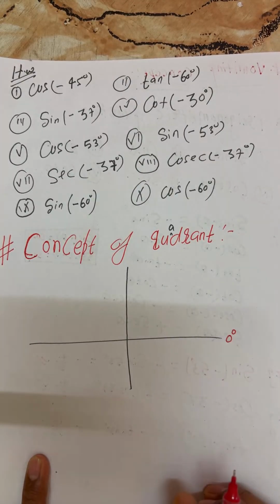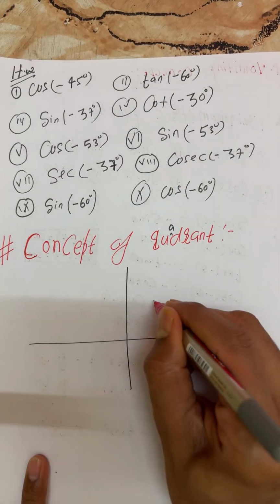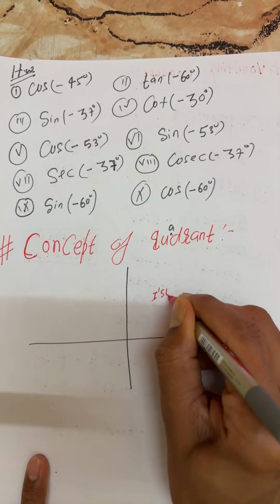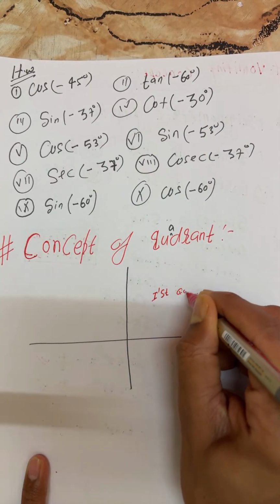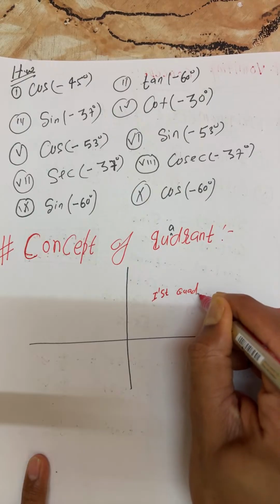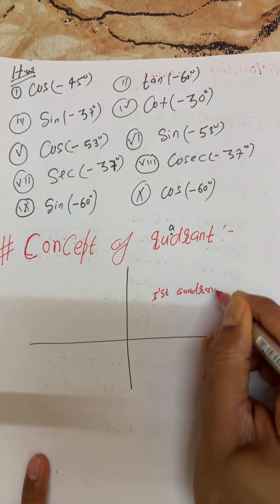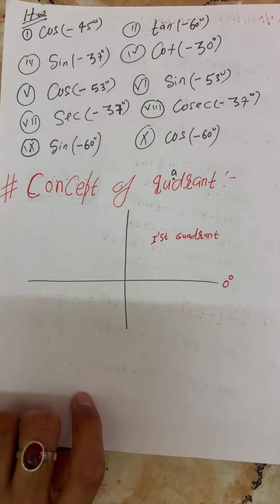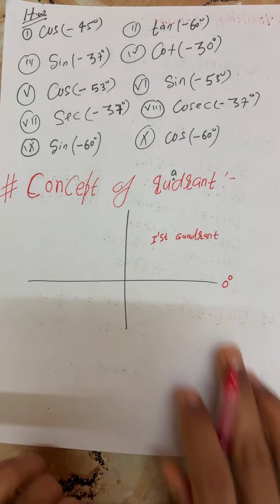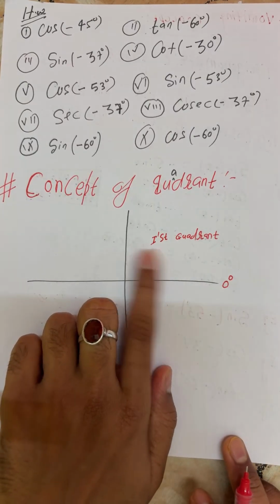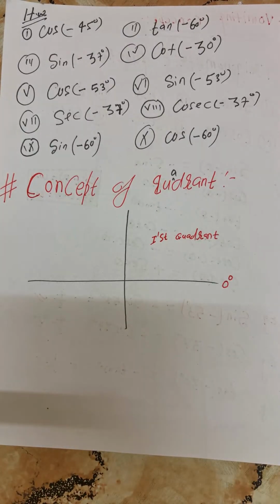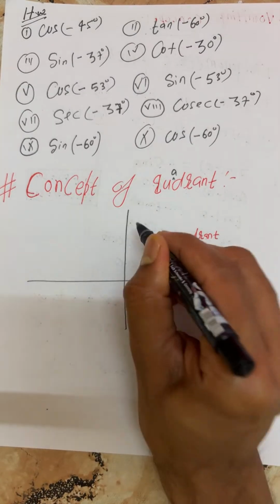0 degree. This is known as the first quadrant. If you complete this part, how much angle can you take? Initially it is 0 degree.